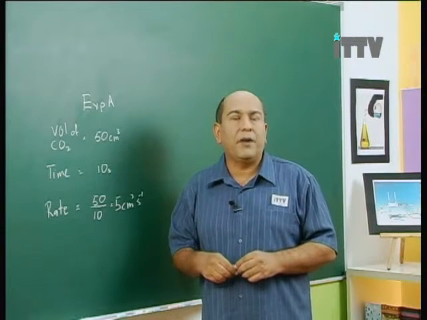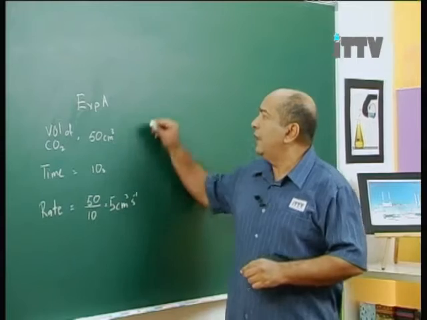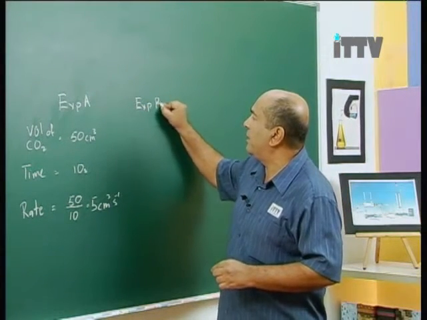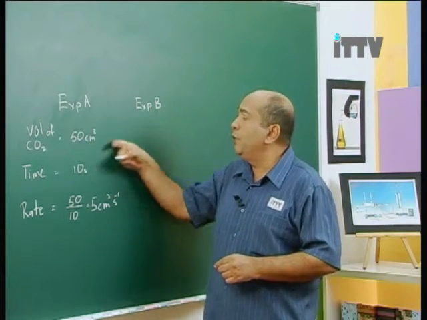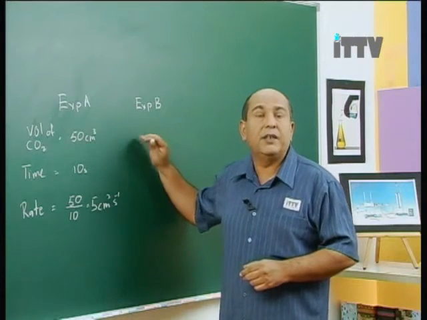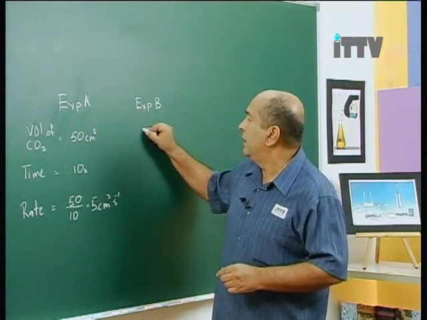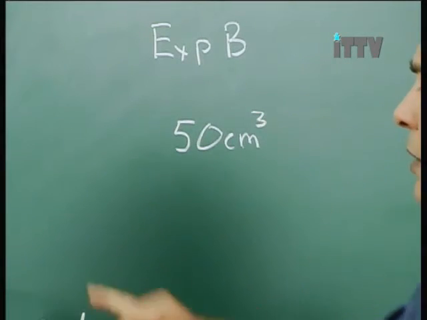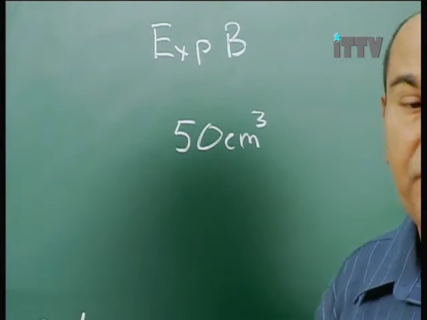What about experiment B? If we list down the information for experiment B, the volume we produced was the same. Remember, this was the control variable. So we have 50 cm³. But the time taken was different.